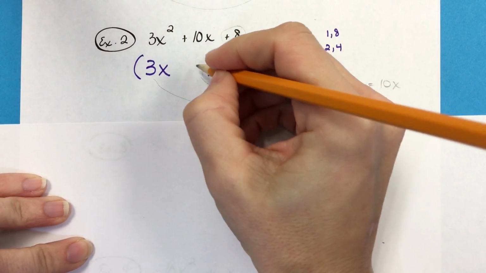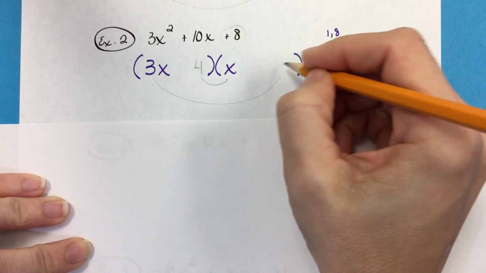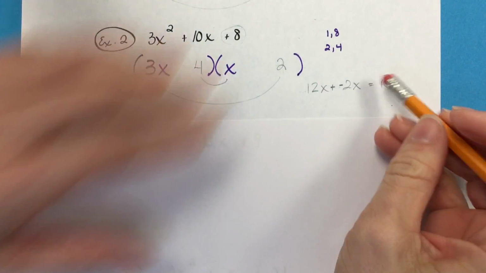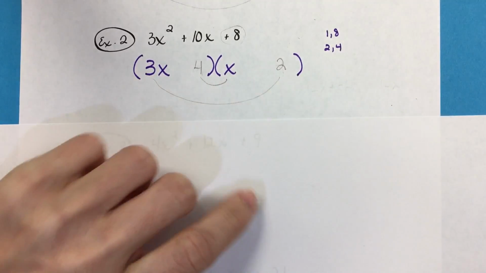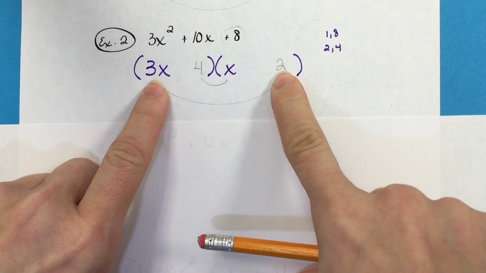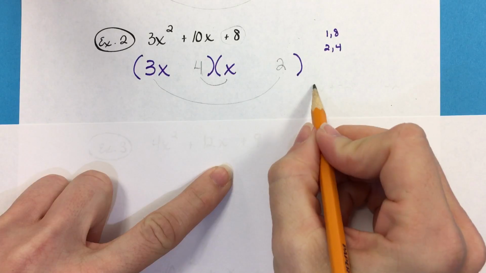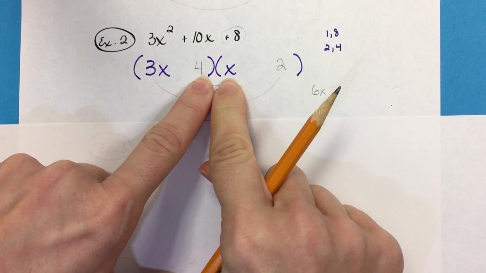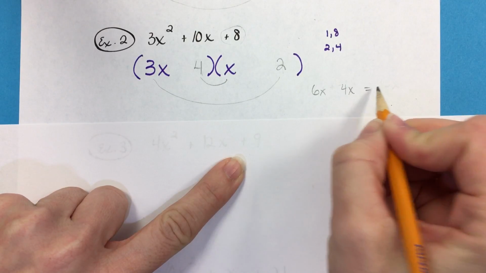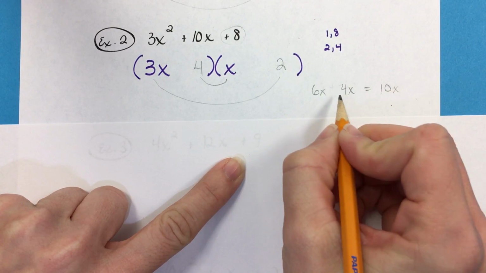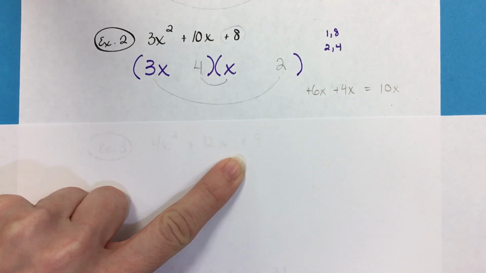Okay, so let's put the 4 here and put the 2 here. Okay, now let's see what we've got. So now when I multiply the outsides together, I get 6x. On the part on the inside, I get a 4x. Okay, well, I can take a 6 and a 4 and also get a 10, and that's going to require that those both be positive.